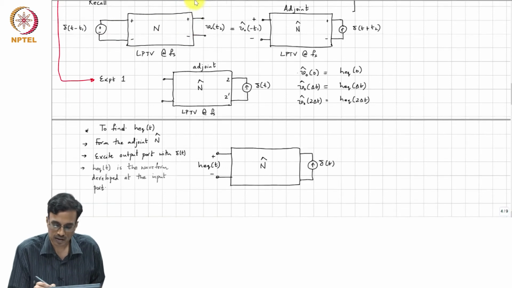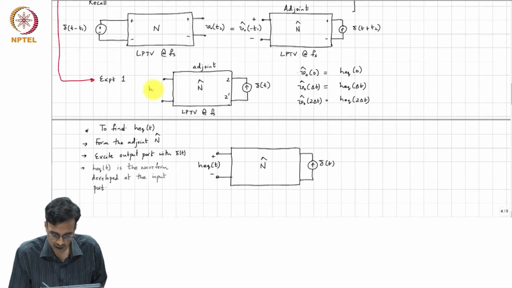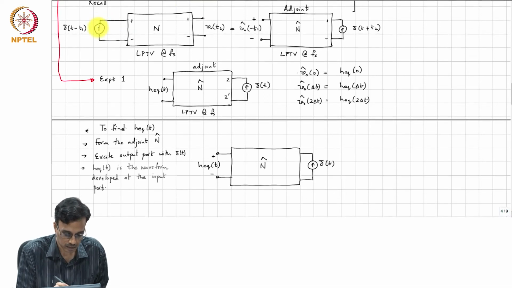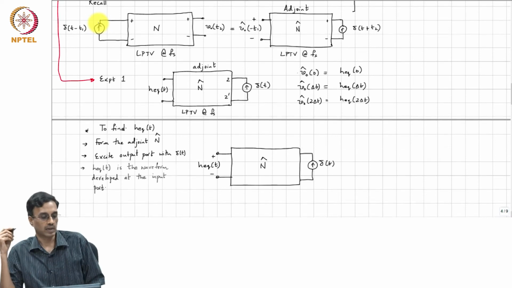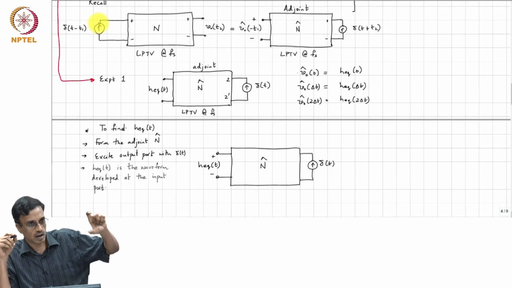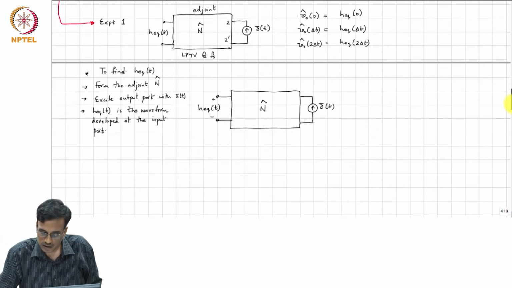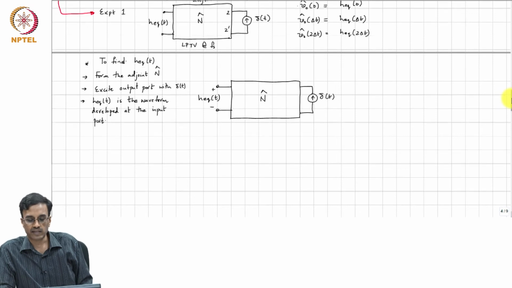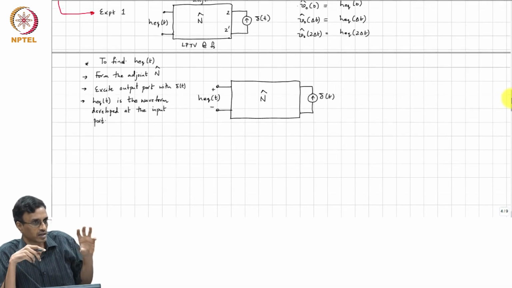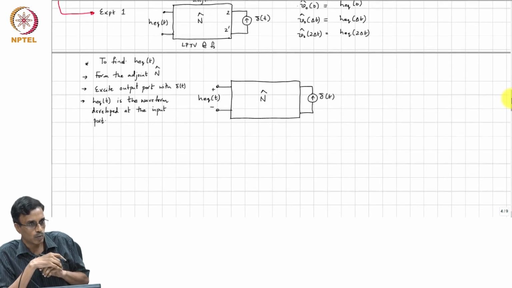voltage input. I think I should make it a current input, that's easier. So, this is actually a current source, and the output of interest of the transfer function is the voltage: you excite it with the current, you measure the voltage. So, in the adjoint you excite the output port with a current and measure the voltage developed at the input port.